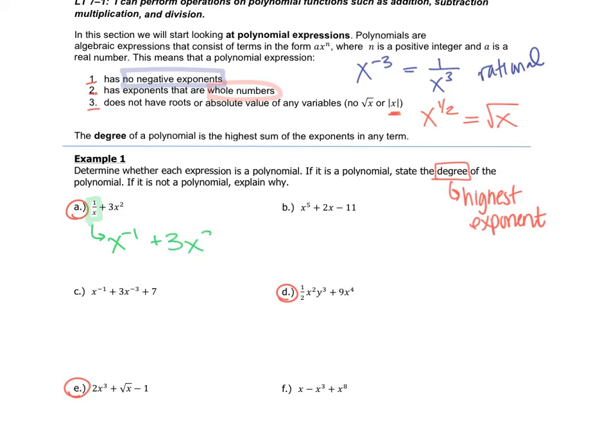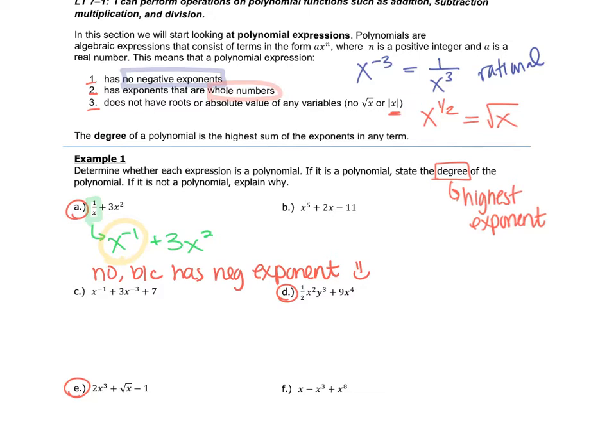So really, this would have a negative exponent. So because that has a negative exponent, it is not a polynomial. So I'm going to say no. Why? Because it has a negative exponent. Okay? So even though we don't see it, that 1 over x means that it is a negative exponent. If x is in the denominator, that means that the exponent has to be negative.